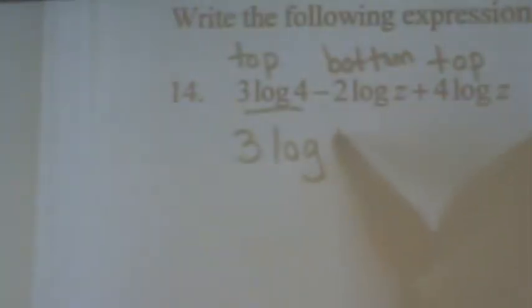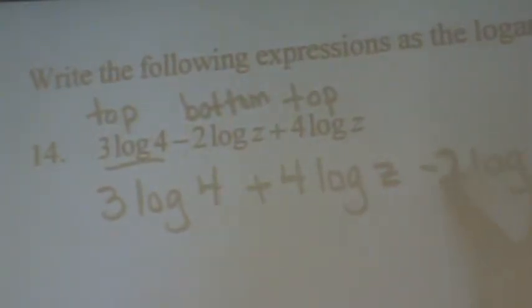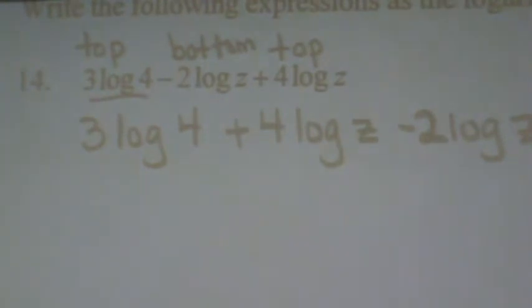So bring this next to this. That's a 2. Okay, what do you know about the 3, the 4, and the 2? What are they? They're exponents. So, can you bring them back where they go?